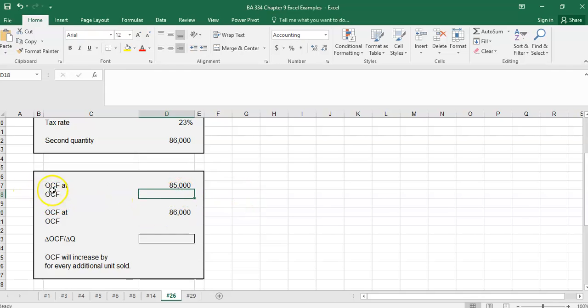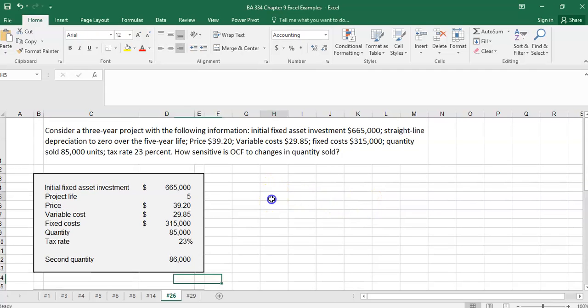So the easiest way to get the operating cash flows is to just set up and calculate. So we have sales, variable costs, fixed costs, and depreciation. Then we get our EBIT, and then we want our tax rate.